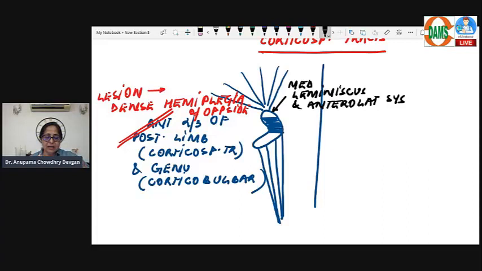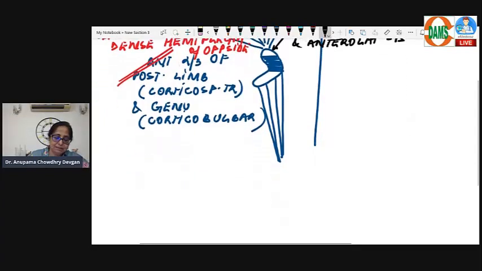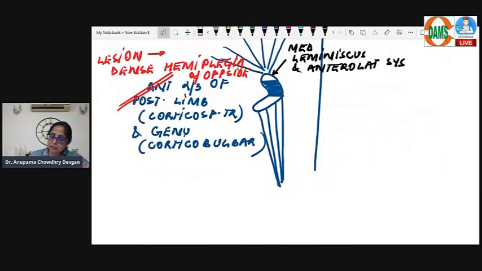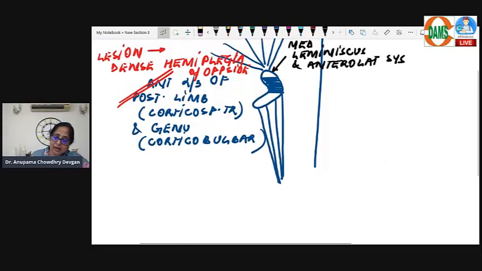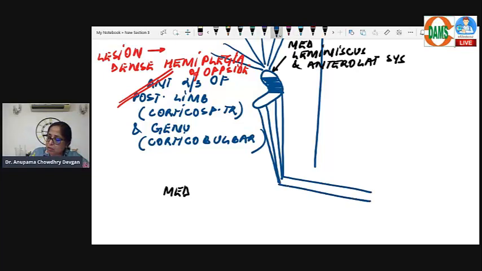From here, the fibers will descend downwards and they reach the medulla. And in the medulla, 80% of the fibers cross over to the opposite side.